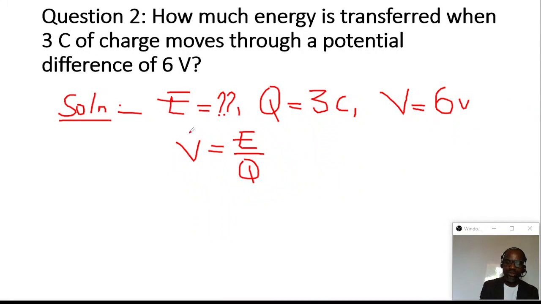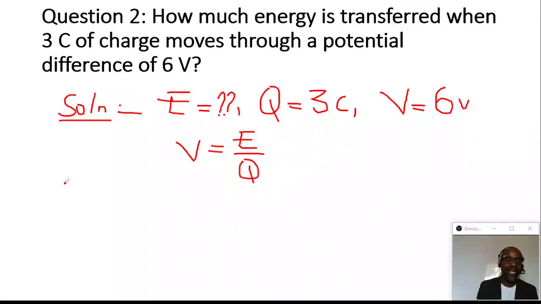What we need to do is to make E the subject. We have to make E the subject of this formula and then substitute these values we have to arrive at the answer we're looking for, right? Good.